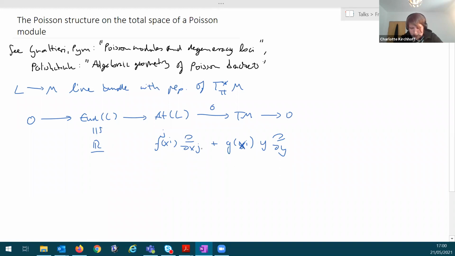It has the base directions, and then the fiber direction only comes up with a linear dependence on the fiber coordinate, and anything that's not linear can only depend on the base coordinates. These things are in one-to-one correspondence with derivations on the line bundle. And under this correspondence, the generator of the endomorphisms, which in this case is just a trivial bundle, is the Euler vector field, which in local coordinates is just y ∂_y.